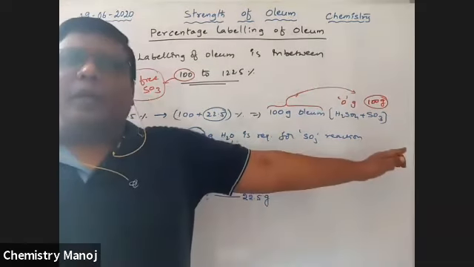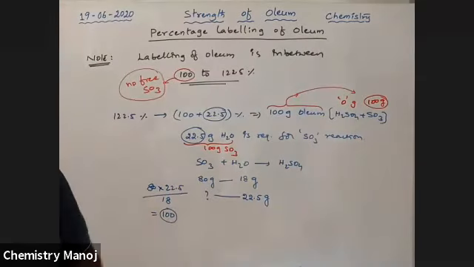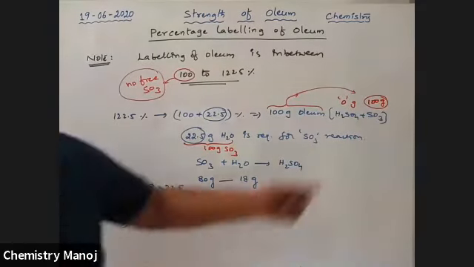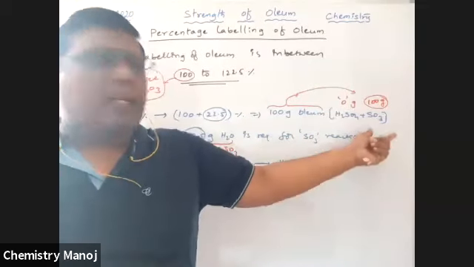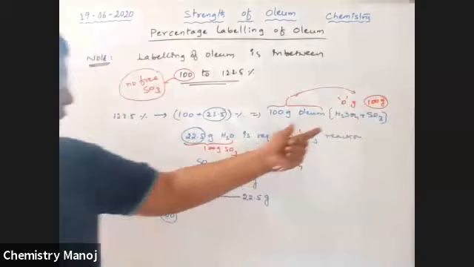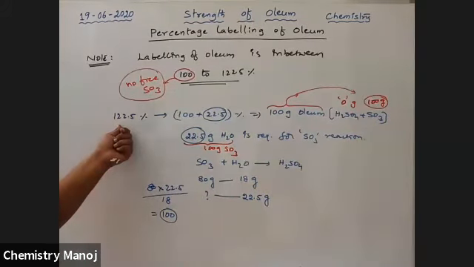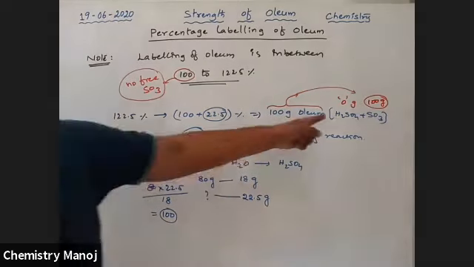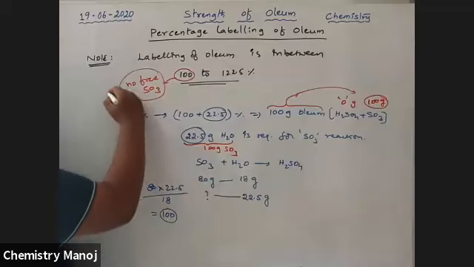That is the maximum. More than 100 SO3 is not possible, because in percentage the maximum is 100. So there is no H2SO4, that is 100% SO3 is there. The maximum percentage is 122.5. Therefore, there is no H2SO4. In the previous case, there was no SO3.